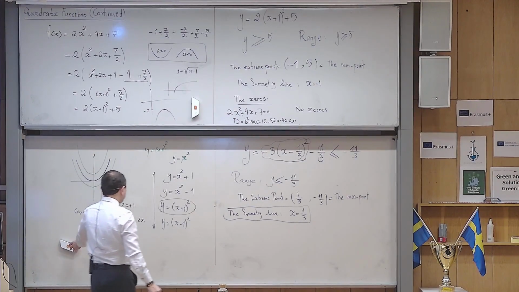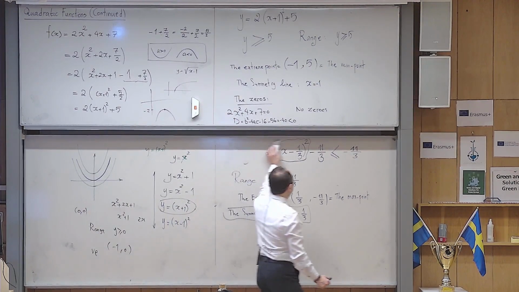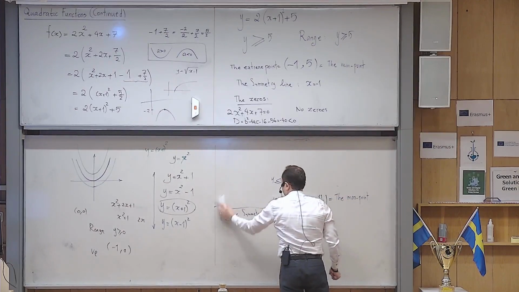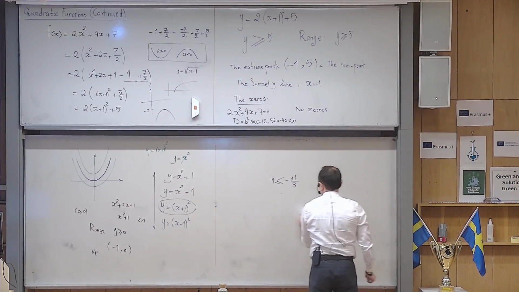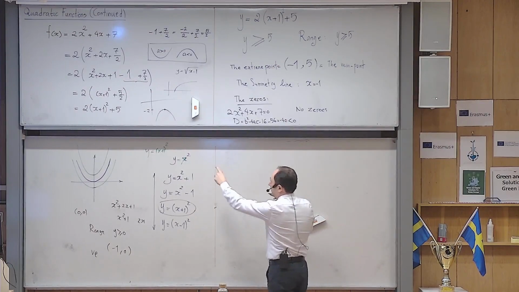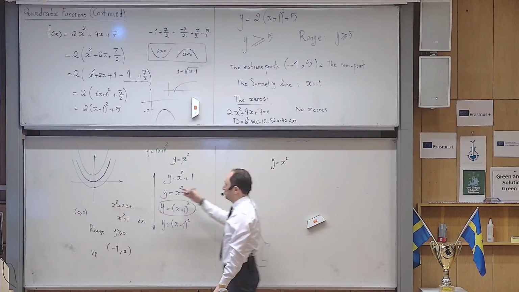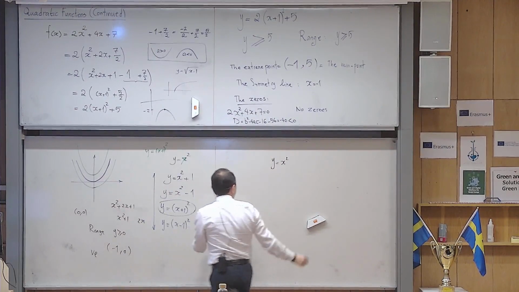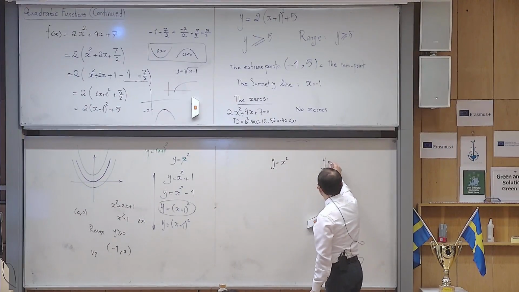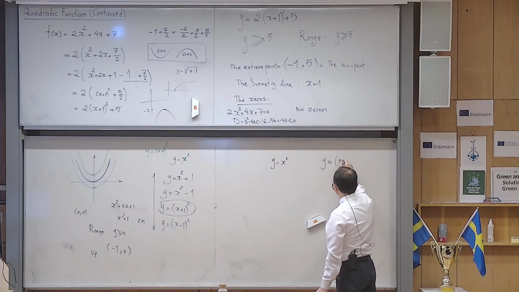I can combine these effects. For example, what do you think will happen here? I give you that function, y equals x squared. This is very famous, you remember, this is the blue one. And then you want to draw, or imagine, the graph of this.